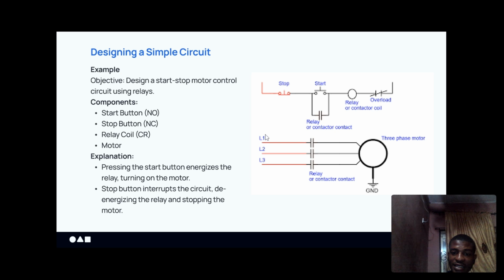Coming downwards, you have the power side of the circuit. The power side involves three phase, since it's a three-phase electric motor. If it's a single-phase electric motor, it will just involve the live and neutral. But the control part is usually live and neutral, single phase, or it could be DC, direct current, positive and negative.